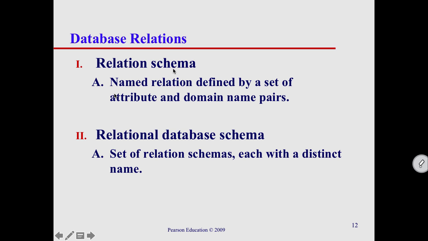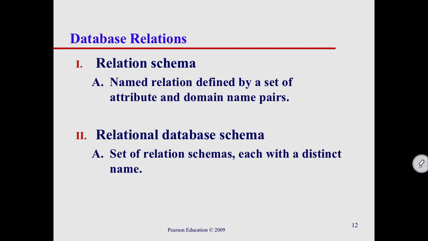So when you hear the term schema, usually people don't say relation schema. Normally they just say schema. What they're in effect referring to is like the variable declaration, the class declaration in a program. They're referring to the name of that relation and the attributes in that relation and their types, their type information.